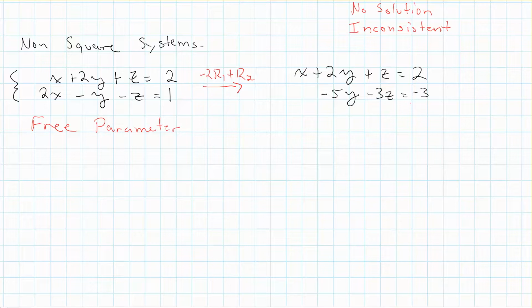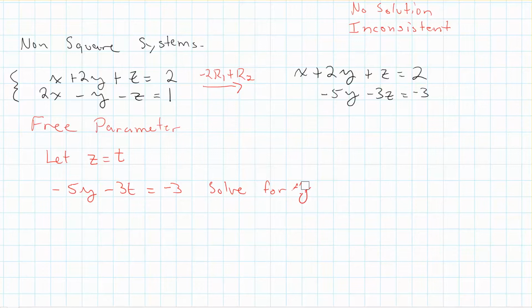We just say, okay, let's let z equal, I like to use t for my parameter. So I'm going to just say z is equal to t. And then I'm going to look at that equation. I have -5y minus 3t equals -3. Then we're going to solve this for y.